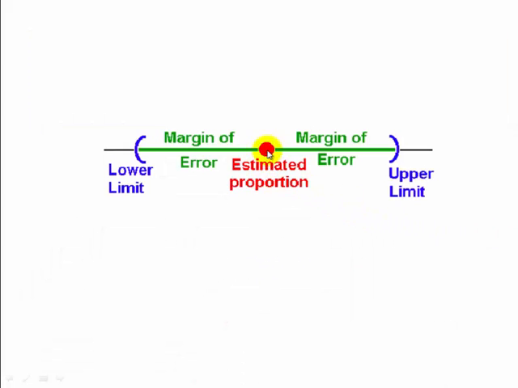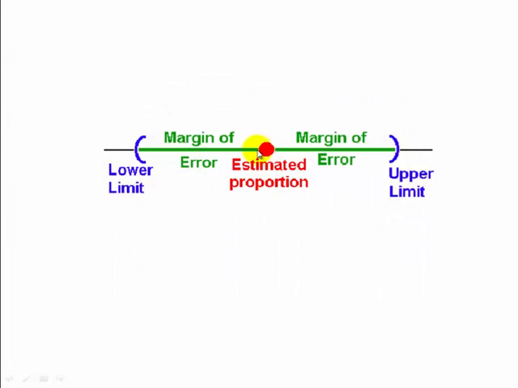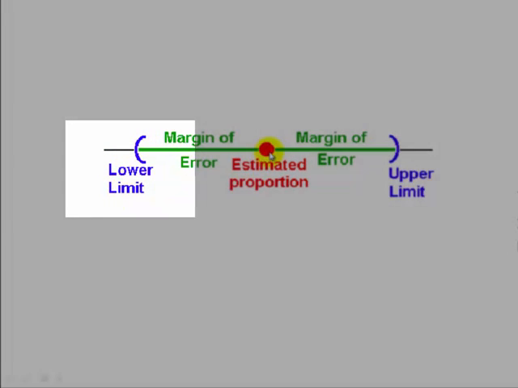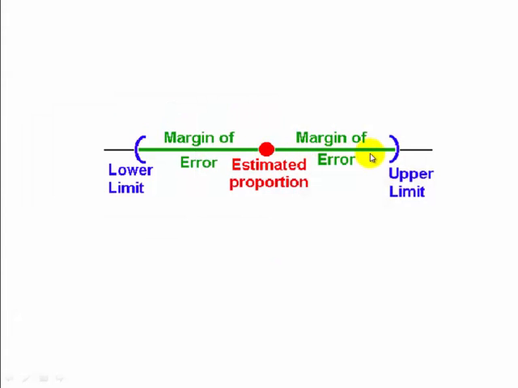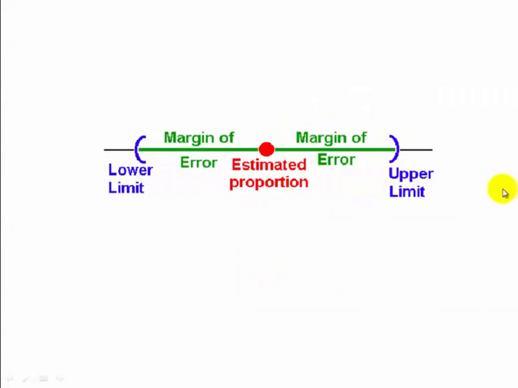So if we start with our point estimate, p hat, and subtract what's called the margin of error, we get what's called the lower limit. And if we take p hat and add the margin of error, we get what's called the upper limit. And this is what we call a confidence interval. So you may ask yourself, how do we compute this margin of error? Well, the margin of error depends upon a number of things, and we are going to look at some formulas for the margin of error in future videos.